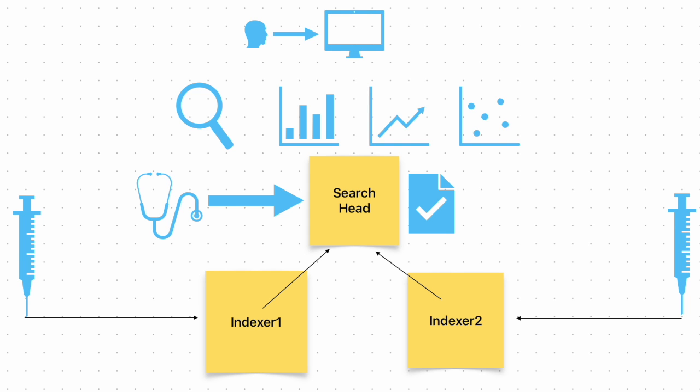In the distributed environment, we can have more than one core Splunk component, as in more than one search head or more than one indexer. Before we begin, what is the need of a distributed environment?